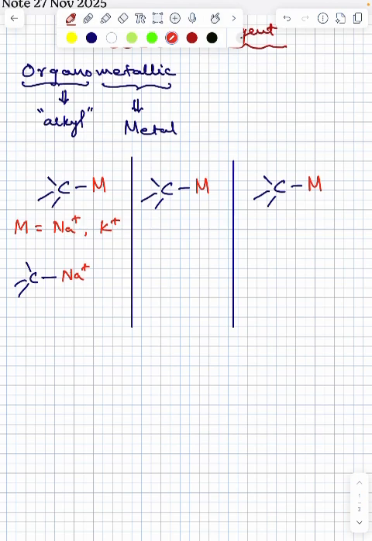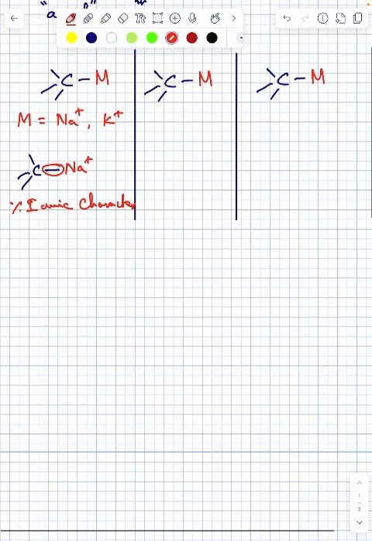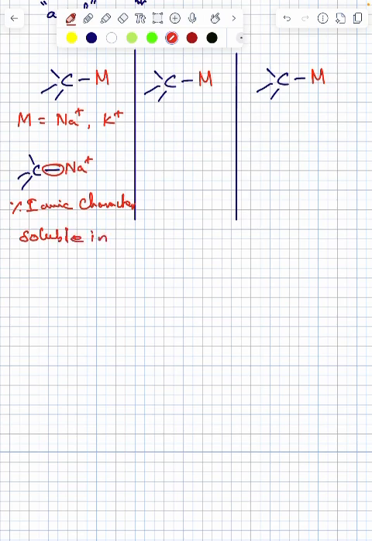So between the two, the percentage of ionic character increases. Therefore, this organometallic compound is soluble in polar solvents.